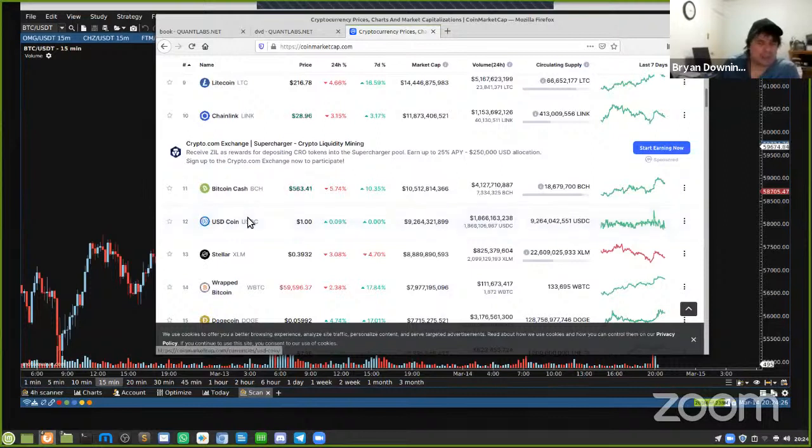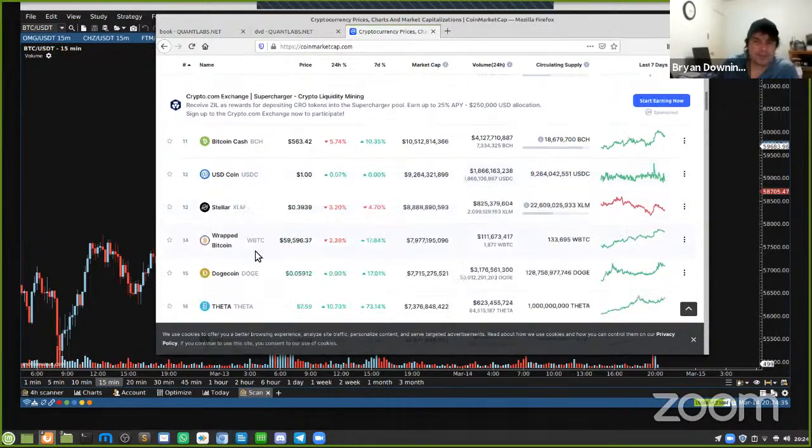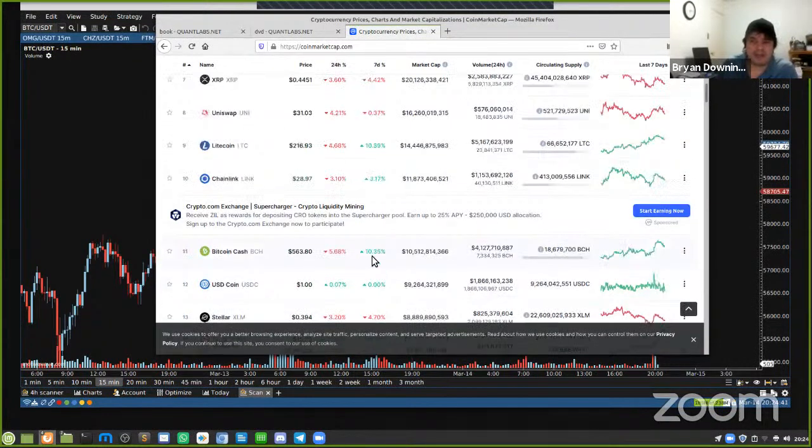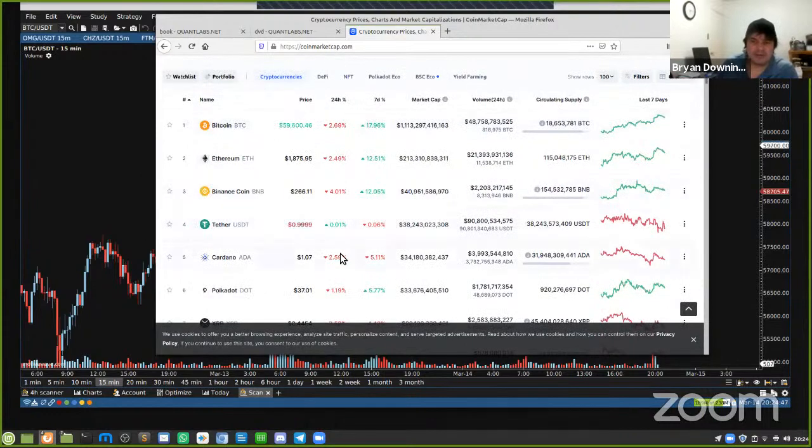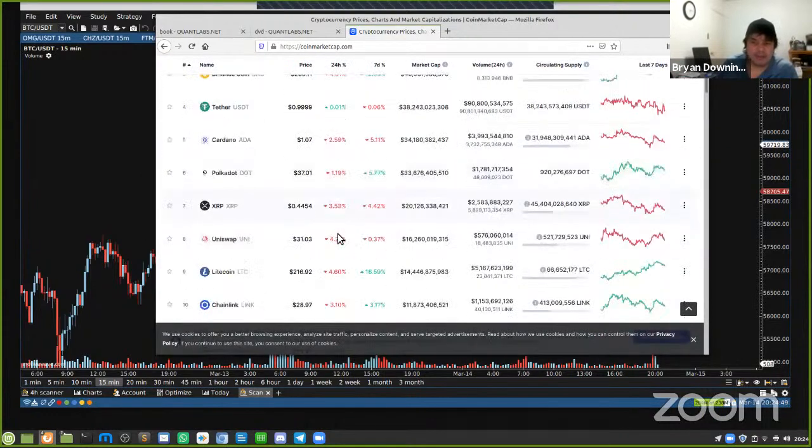USDC. You can trade USDC on Binance, but it's a stable coin, so there's no performance there. Obviously, XLM is doing okay. I think Doge is going to drop off. When you look at the 24-hour moves here, Tether's moved up a tiny bit.